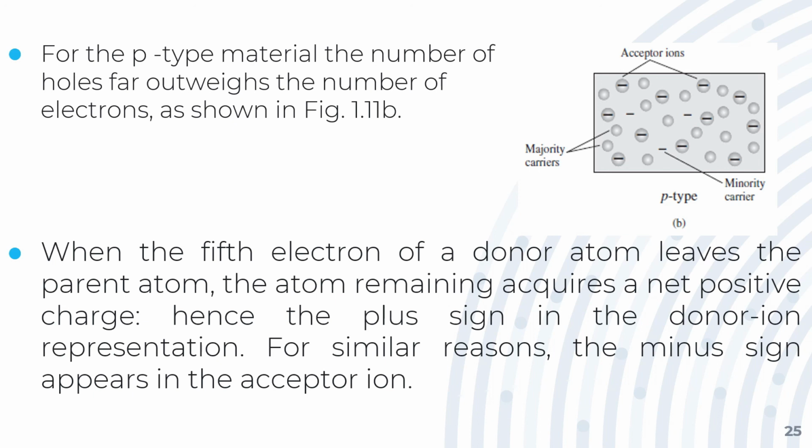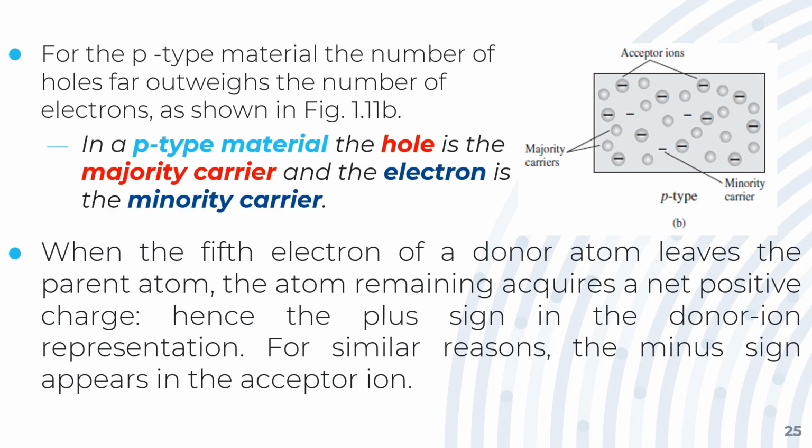Therefore, in a p-type material, the hole is the majority carrier and the electron is the minority carrier. Contrasting sa nauna kanina, makikita natin na kapag sinabi nating n-type material, electron yung majority, hole yung minority. Dito naman sa p-type material, ang hole ang siyang majority carrier and the electron is yung minority carrier.